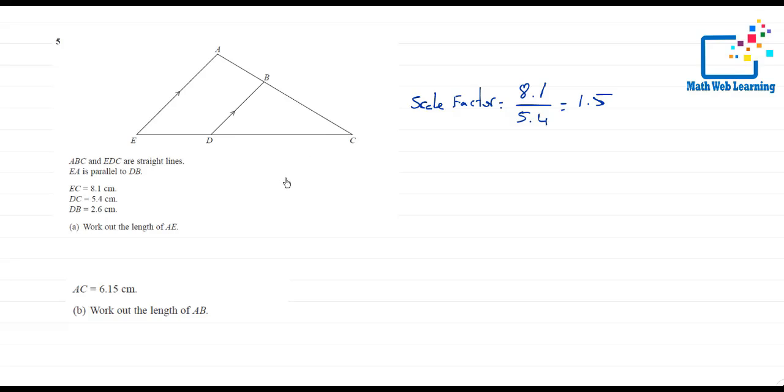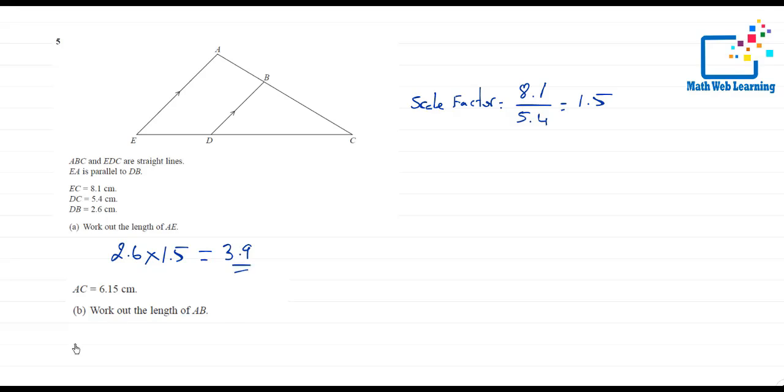So now to look at the length of AE, I need to take the length of DB. Yes, it is DB, so DB is 2.6 and we times it by scale factor 1.5, and that gives me, let me do that in a minute, 2.6 times 1.5, and I say 3.9.